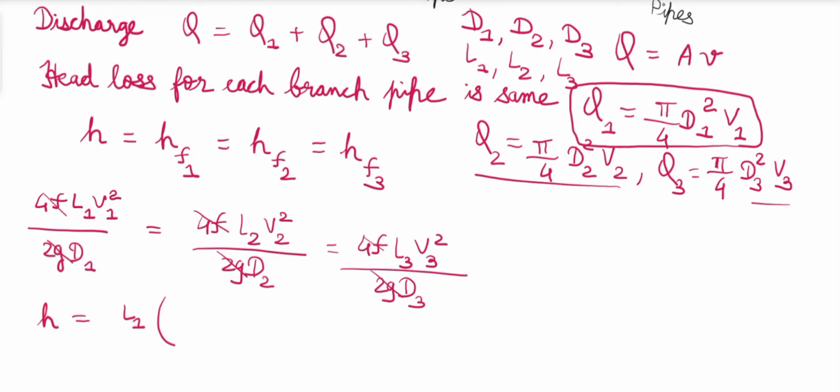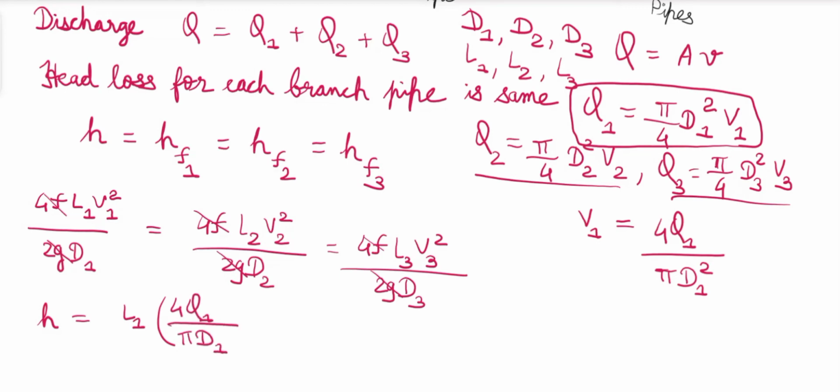Here I'll write it for all of these three. V1 is equal to Q1 upon pi by 4 d1 square. 4 will go up, so it will be 4Q1 upon pi d1 square. Here we'll write this, and the whole square will come, divided by d1.